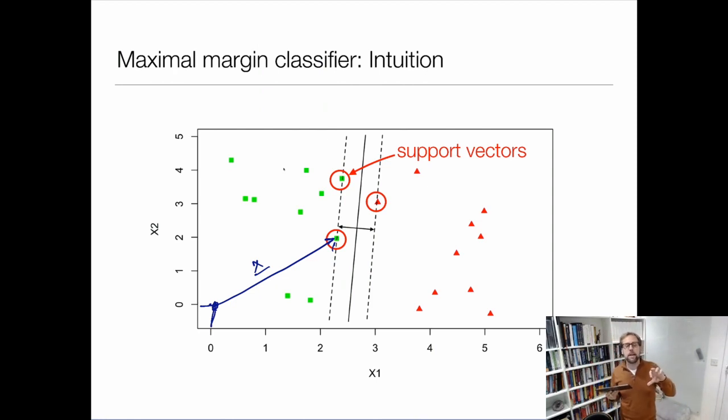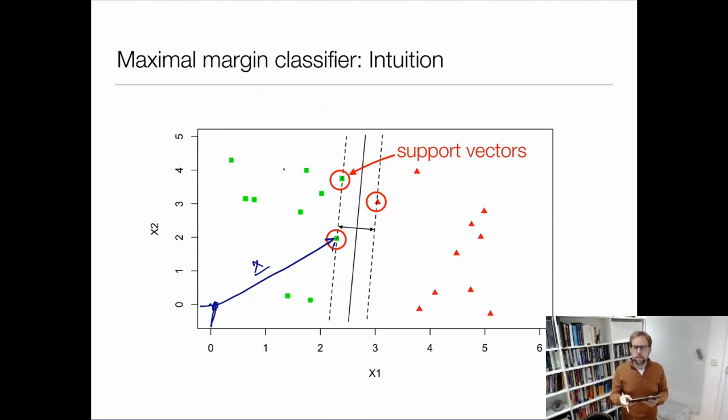But those are the 3 vectors which support the margin, if you like. So if they change, then the margin changes. If any of the other points change, then nothing really changes in the whole picture in terms of the classifier. It won't move at all.